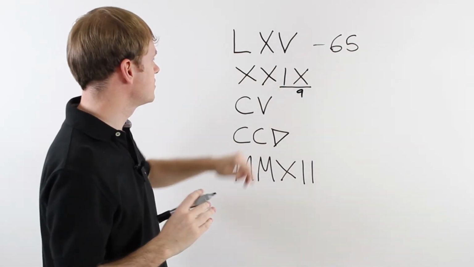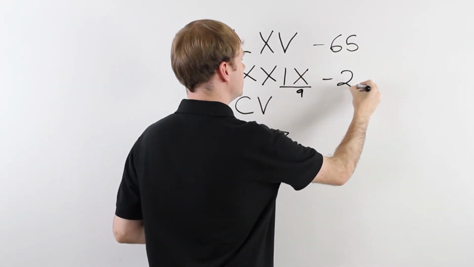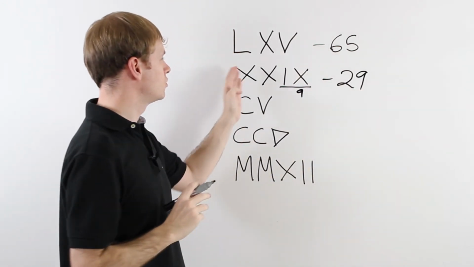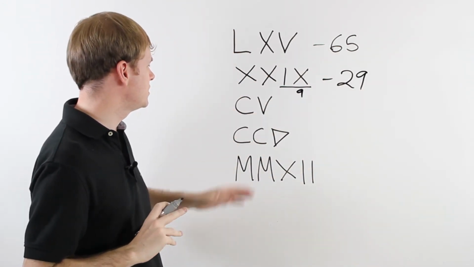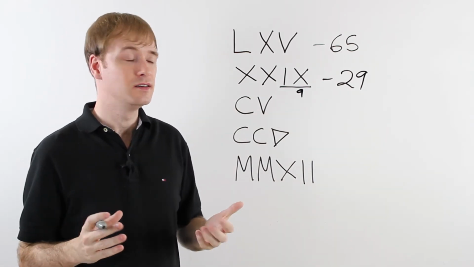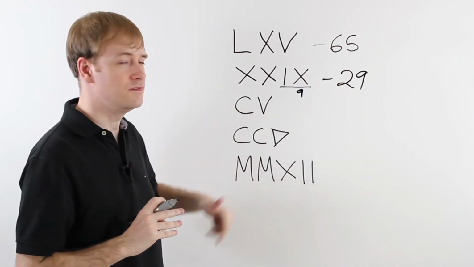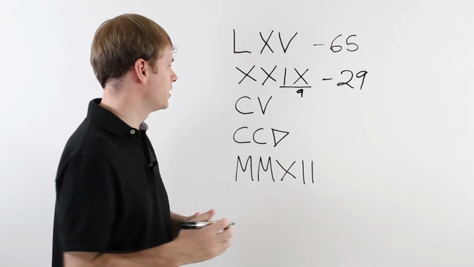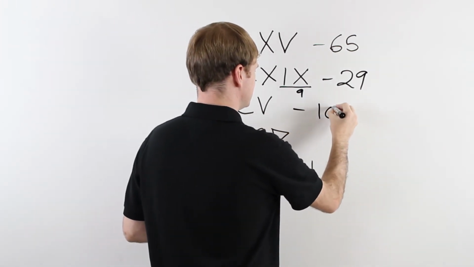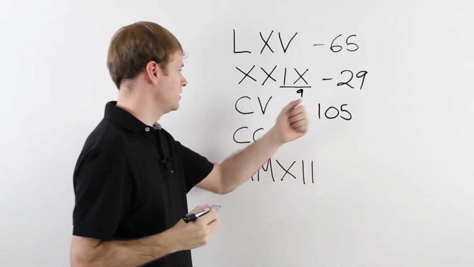So XX is 20 and 9. So 29. CV. Well, C, what's C? That's 100. And what's V? That's 5. So 100 plus 5. CV, 105.